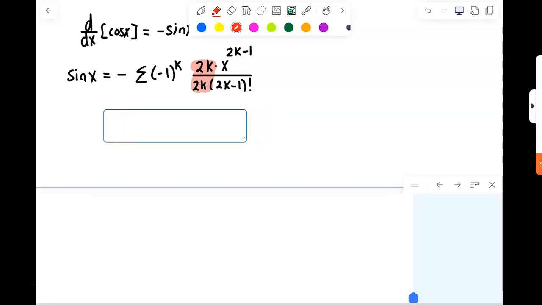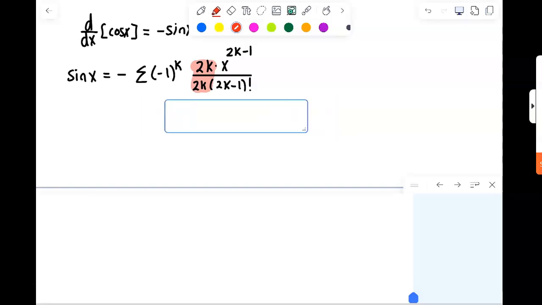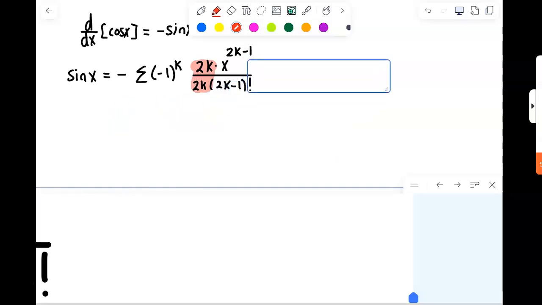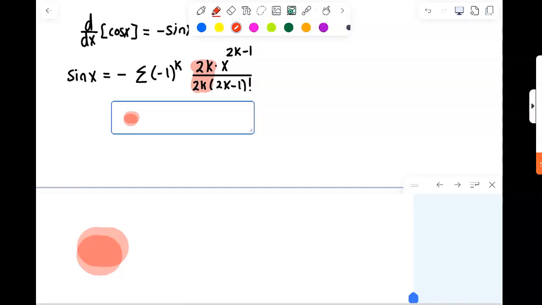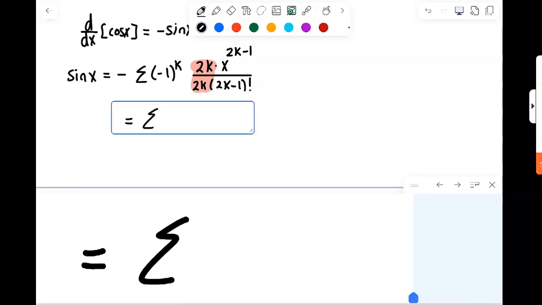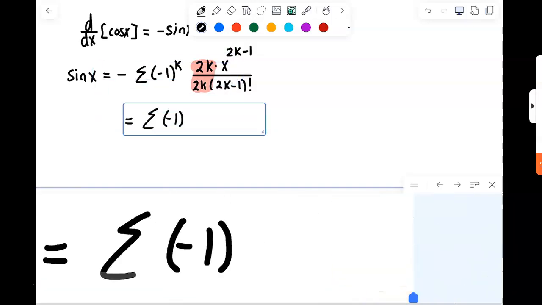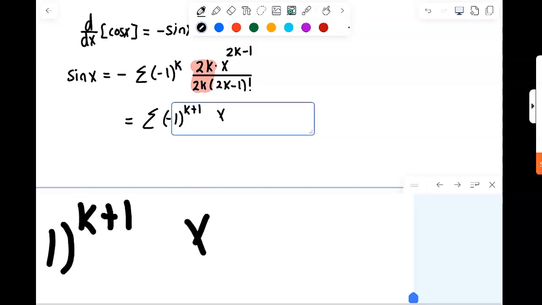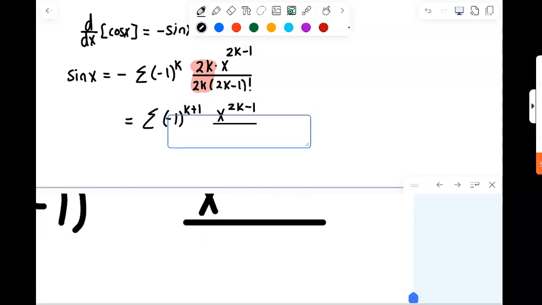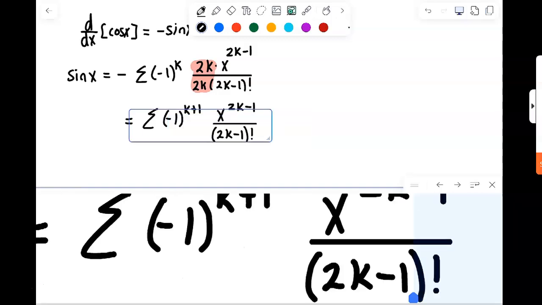Okay, so what does this look like here? This will now be the series. When I bring that negative through, we'll make it the series minus 1 to the k plus 1, because we're bringing the negative from the outside in. And we're going to have x to the 2k minus 1 over 2k minus 1 factorial.